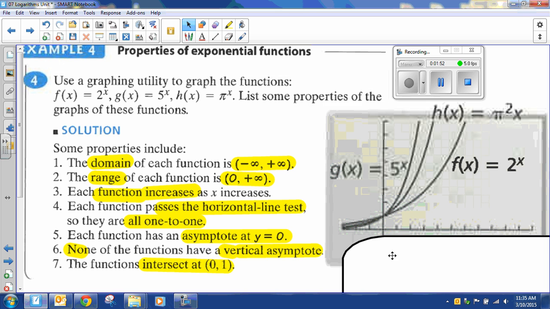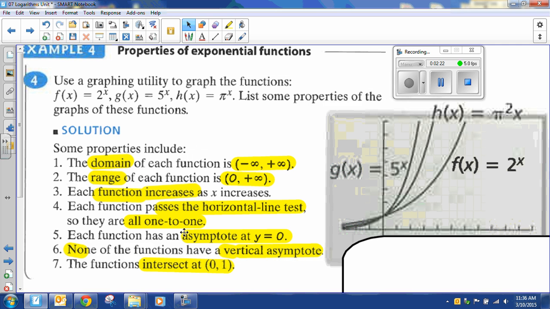First of all, the domain of all these: the line goes infinitely to the left, so it's negative infinity to positive infinity. So the domain will be all real numbers. Now the range is different. The range increases forever, but it never actually crosses the x-axis. So the range is basically y is greater than 0.